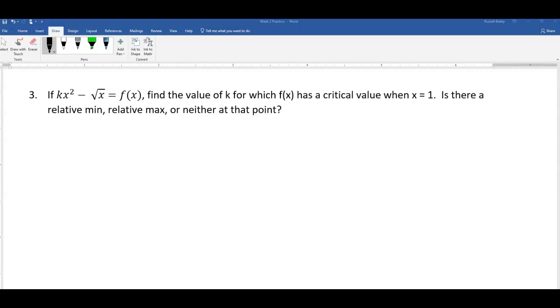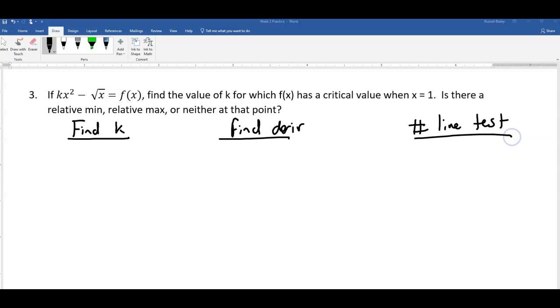Same process. So we're going to begin by finding k. After we find k, we're going to find our derivative. And after we find our derivative, we're going to do the number line test. Okay?